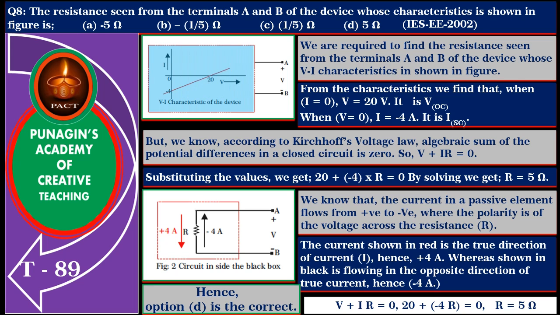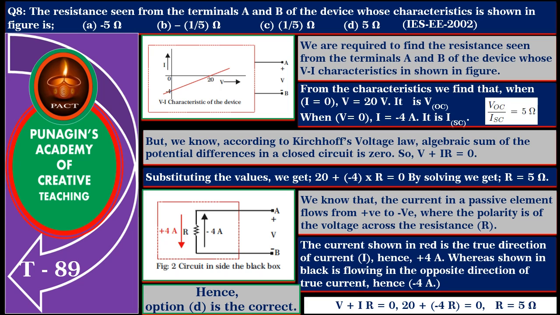From the characteristics, we find that when I is equal to 0, V is equal to 20 volts, this is the open circuit voltage. When V is equal to 0, I is equal to minus 4 amperes, and this is the short circuit current. So, VOC upon ISC is equal to 5 ohms.